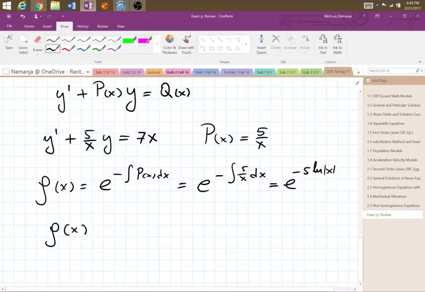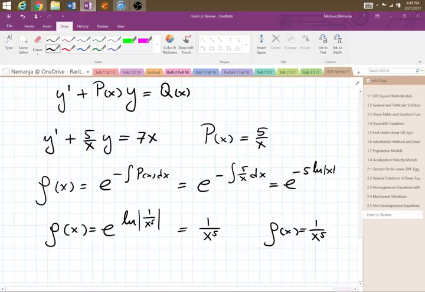So rho of x is going to be e to the ln of 1 over x to the 5. And then e and ln will annihilate each other, leaving just 1 over x to the 5. So rho, which is the integrating factor, is 1 over x to the 5.